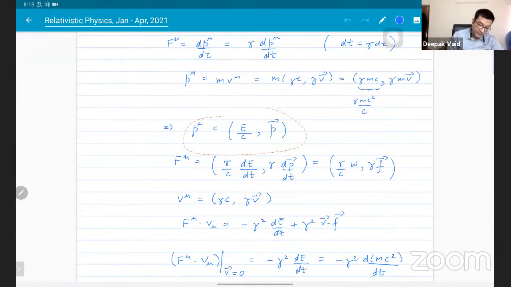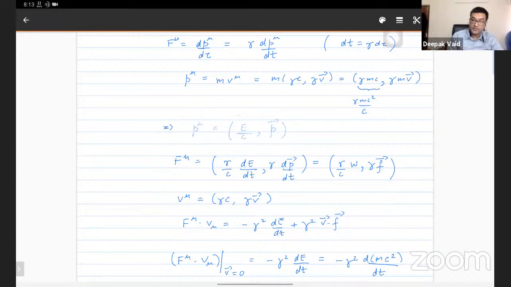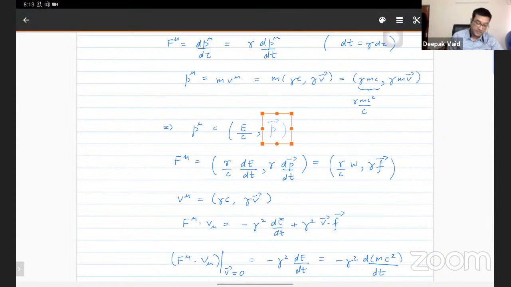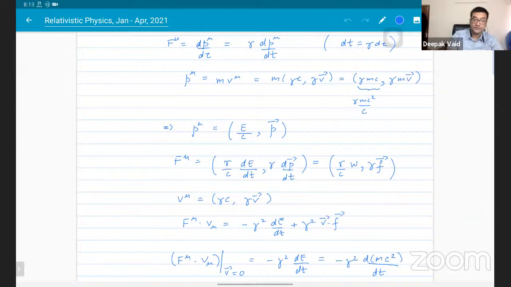Given that we can define p mu, the four momentum, in this way, right? The time component is the energy of the particle. P is the three momentum vector. Then the force is the derivative of this quantity with respect to the proper time.